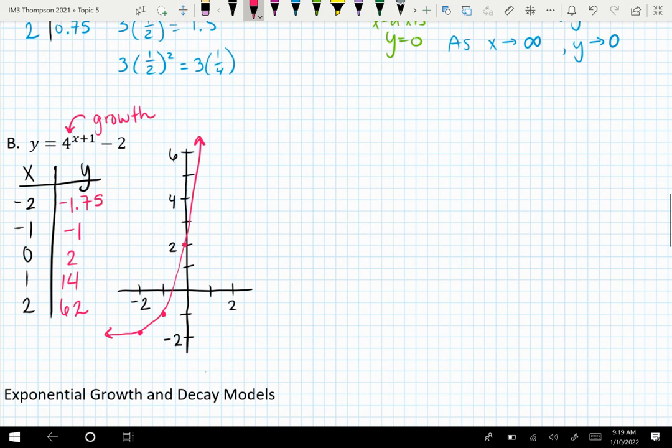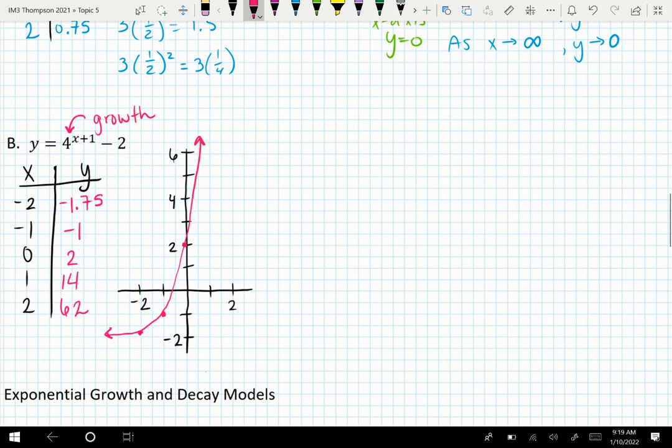So the plus 1 in the exponent, whatever I do to x always causes a horizontal shift, and it's always backwards from what I think. So if I have the plus 1, that's actually going to be a shift left 1. And then whatever I add or subtract outside the argument is going to be a vertical shift.